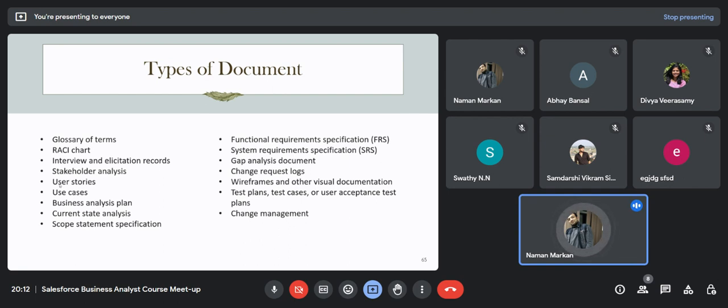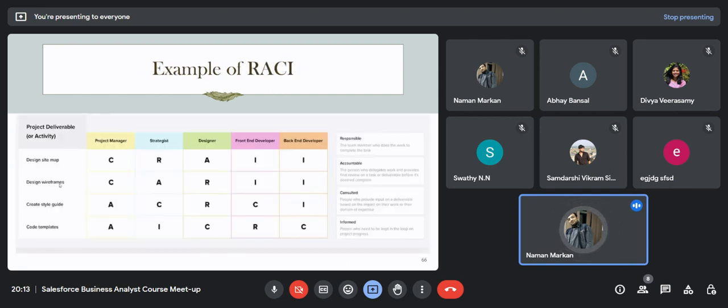And in the RACI chart, we also talked about it yesterday in the UPN, where we looked into the RACI method.